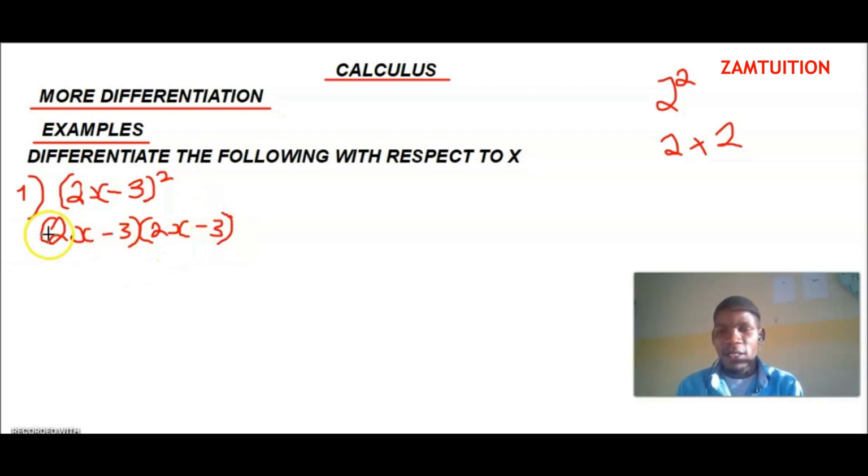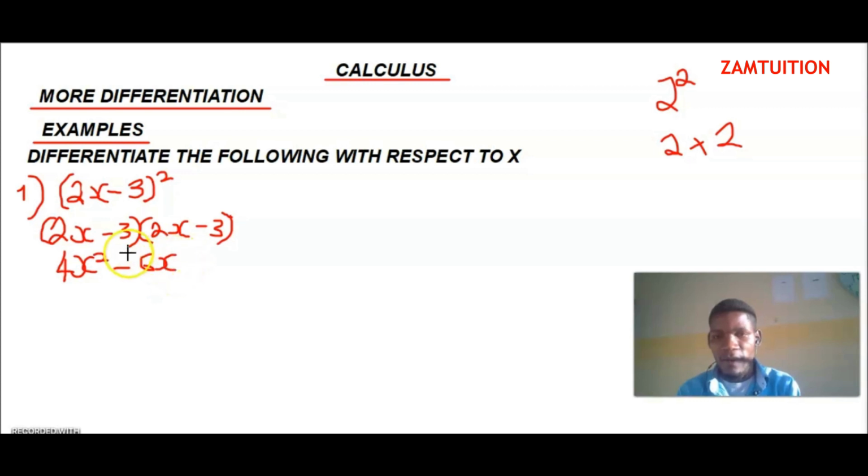After expansion, we're going to multiply and distribute. So how are we going to distribute? 2x multiplied by 2x gives us 4x squared, and then 2x multiplied by negative 3 gives us negative 6x.